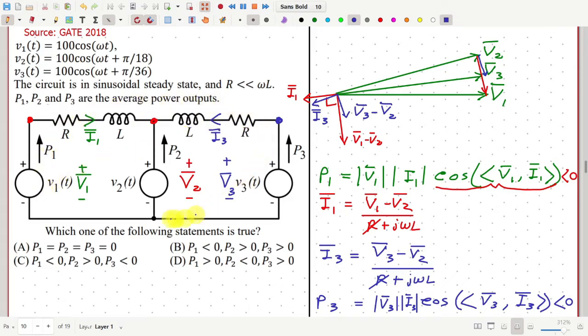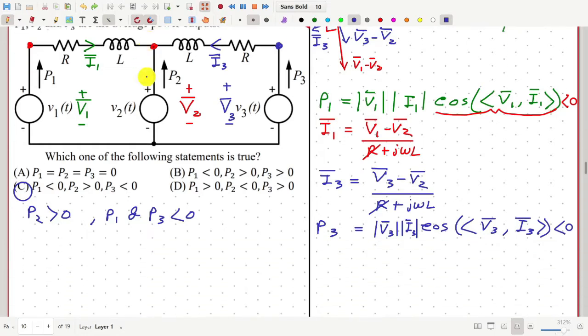So everything in this circuit other than source 2 is consuming power. Somebody has to generate that power, and that must be generated by source 2 only. Since all other powers are consumed by the respective elements, power generated by source 2 must be positive. So P2 should be positive, whereas P1 and P3 are negative. So therefore option C is correct.